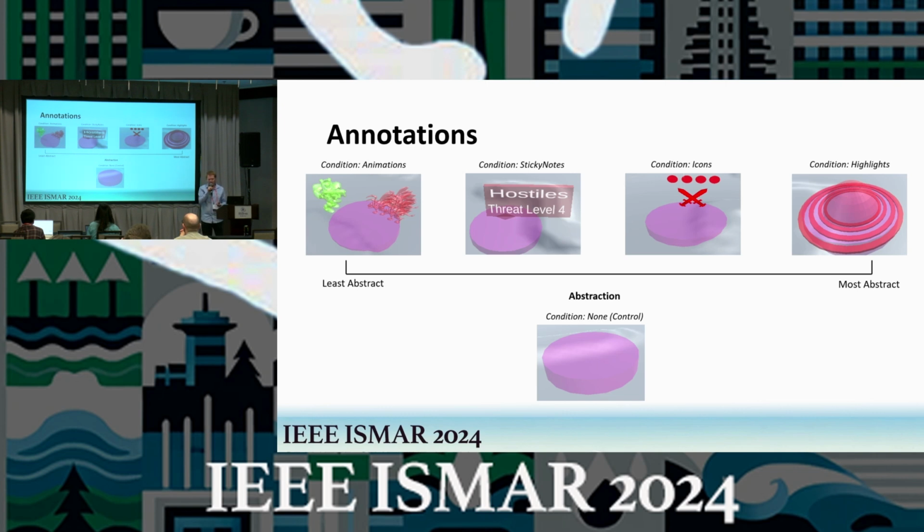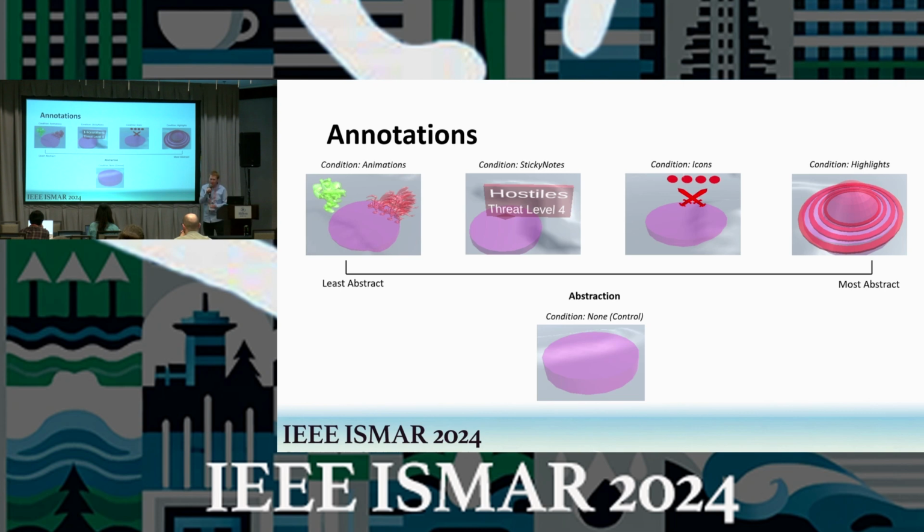So the annotations that we had, we considered them as existing on an abstraction spectrum. From least to most abstract was animations, as they explicitly detail tasking steps to the user. Following that, we have sticky notes, which still are pretty explicit in detailing tasking information, but not as detailed as our animations.